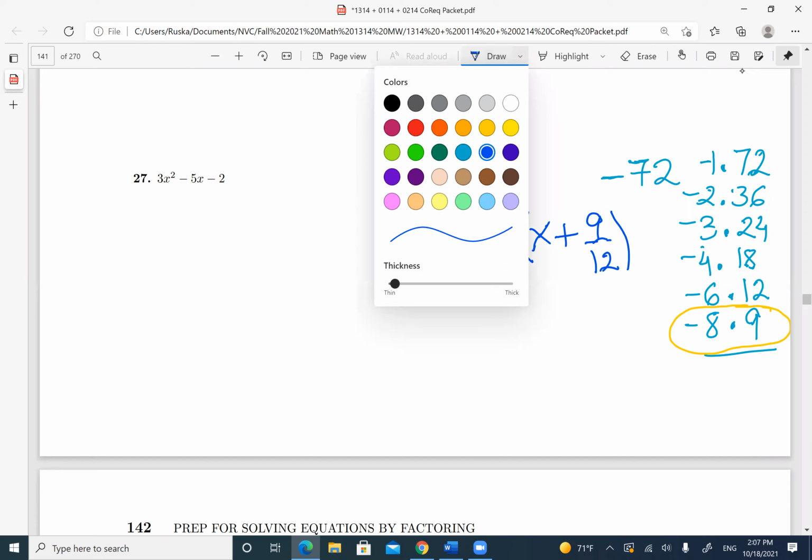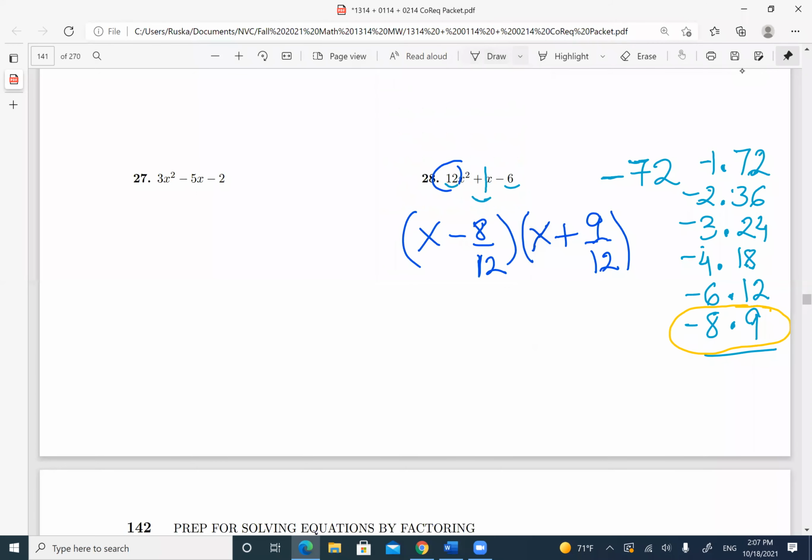And then you're gonna reduce. 12 and 8, you can divide by 4. So it's gonna be 2 and this is gonna be 3, and 3 is gonna go in front. And here I'm gonna divide by 3.